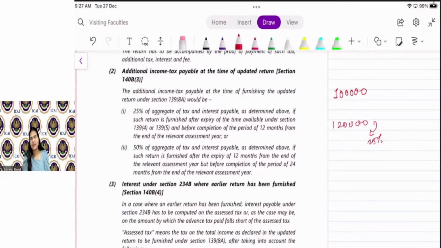What is the 25% of 1,20,000, everyone? 30,000. So if I am filing updated return, I need to pay 30,000 extra.